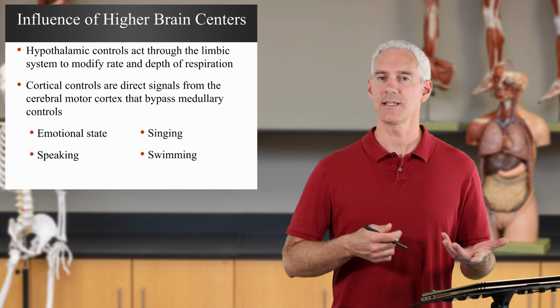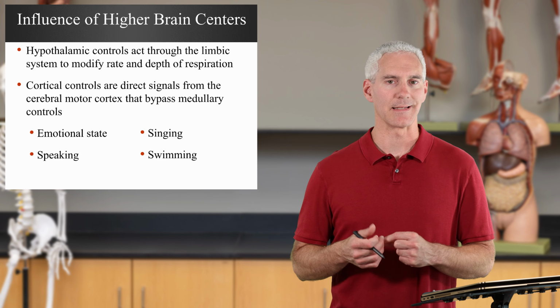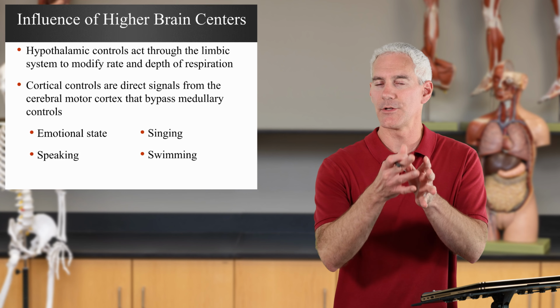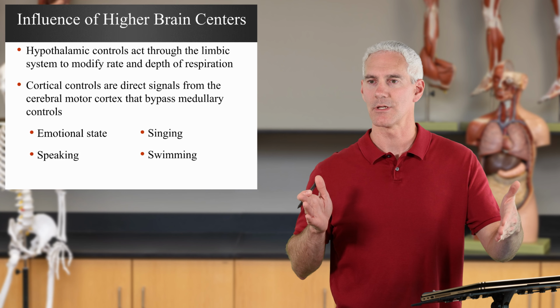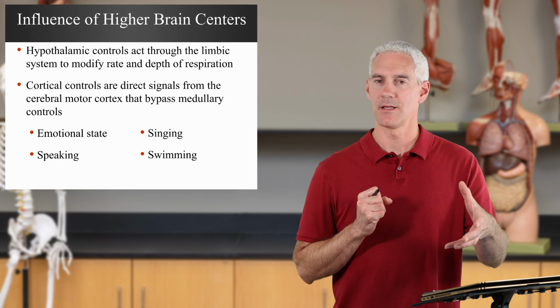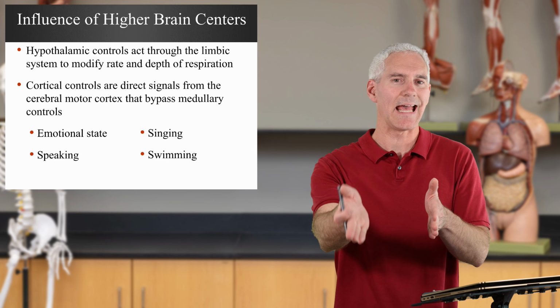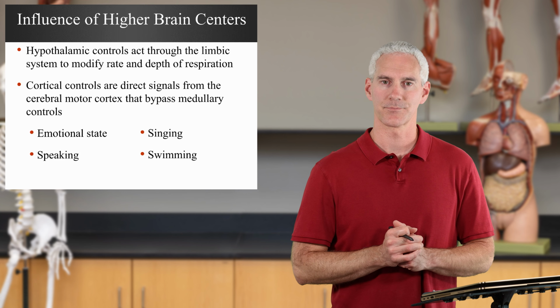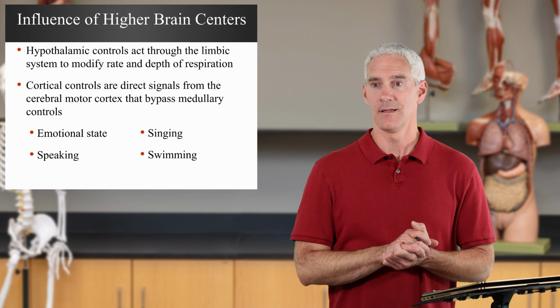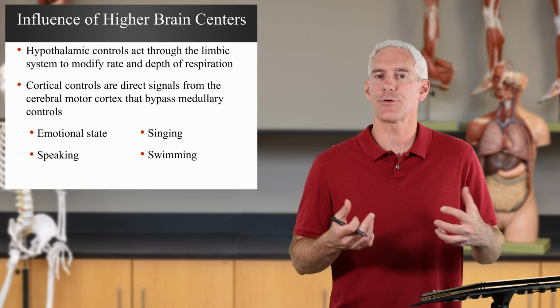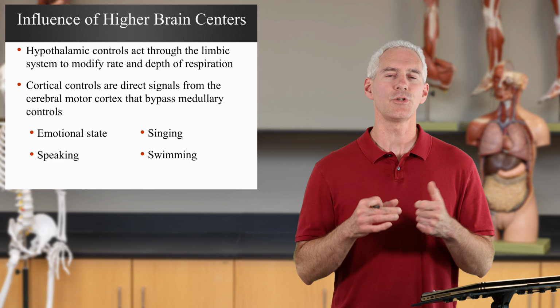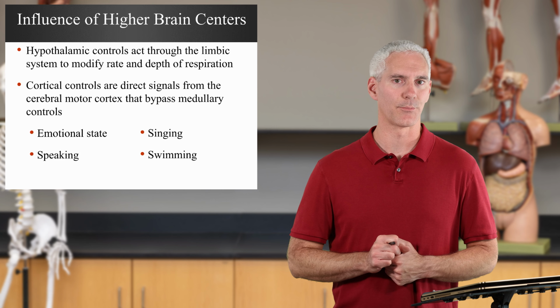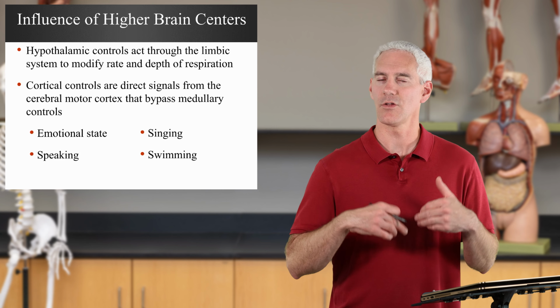If you're talking or singing, you're matching your breathing, with deeper inhalations to allow you to vocalize a longer range, and then another deeper inhalation. You make sure the inhalations happen in appropriate locations. Or with emotional states, if you're really upset, maybe the breathing rate increases. So different aspects of your brain, your higher functions, can also control here.